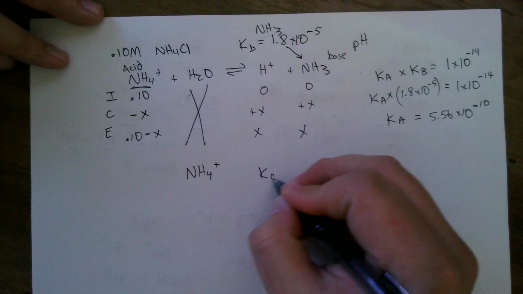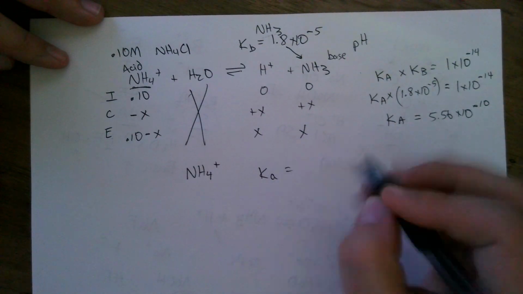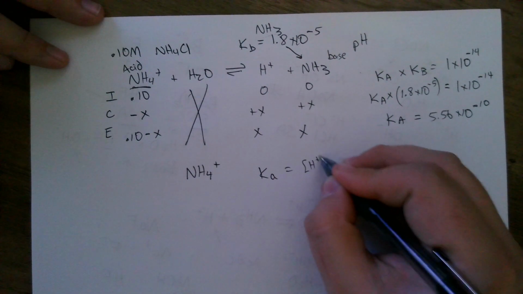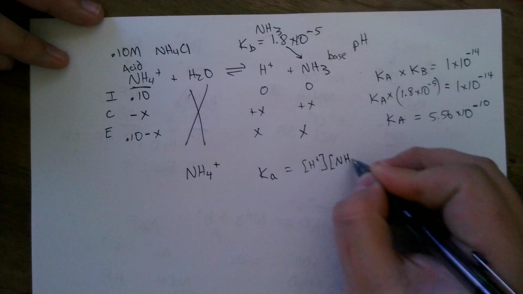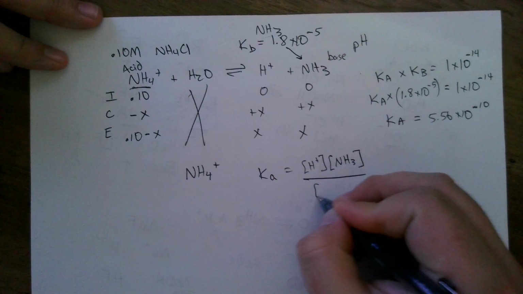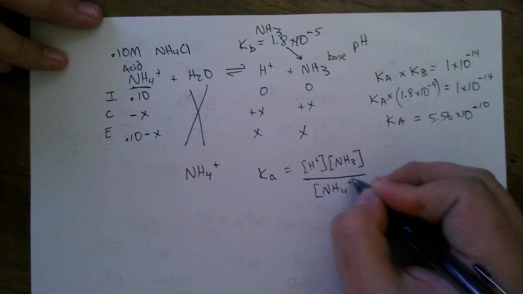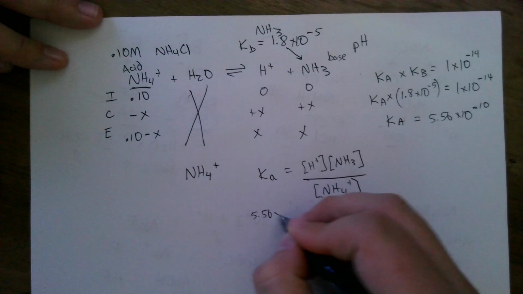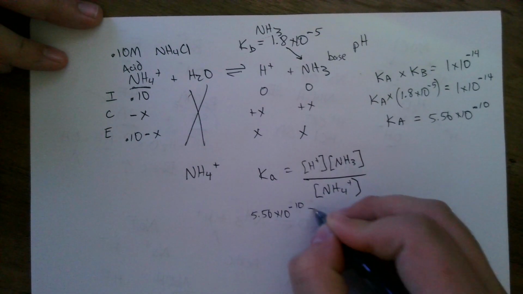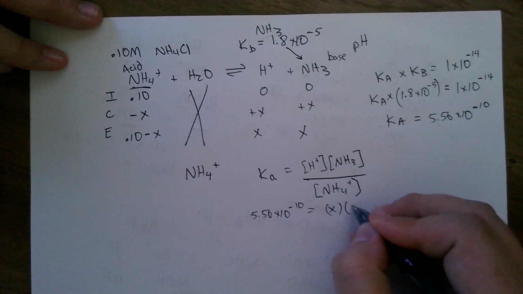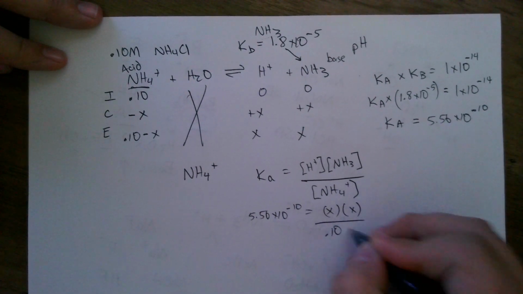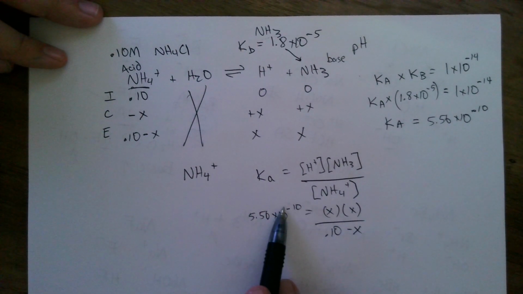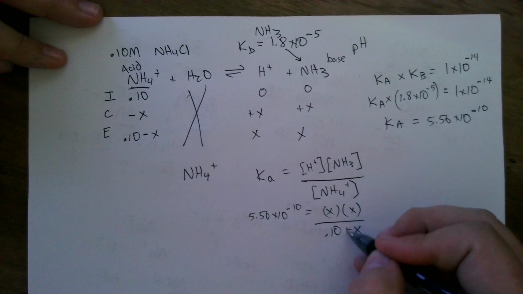So my Ka is my products over reactants, H plus, NH3 over NH4 plus. My Ka I found here. X over 0.1 minus x. This number is plenty small enough to make this approximation.